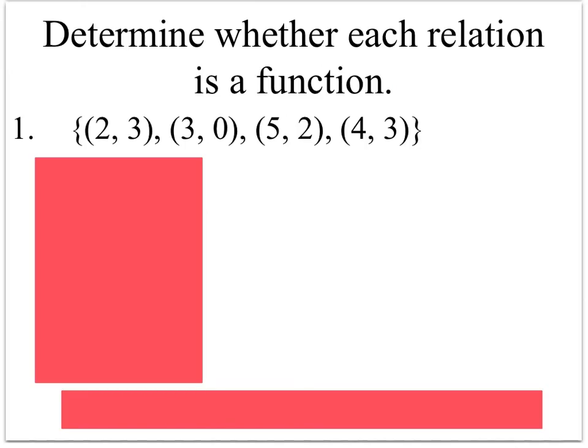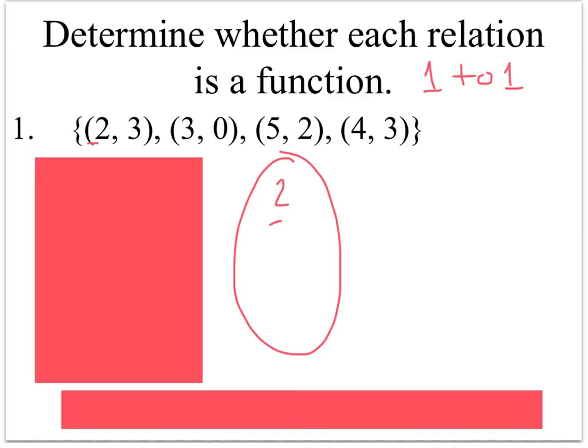So we were looking earlier at relations and trying to figure out if a relation is a function. Well, to figure that out, we need to remember that each input needs to go to only one output. One way to do this is by mapping your input and output. So if I'm mapping this, I'm going to write down all my inputs.